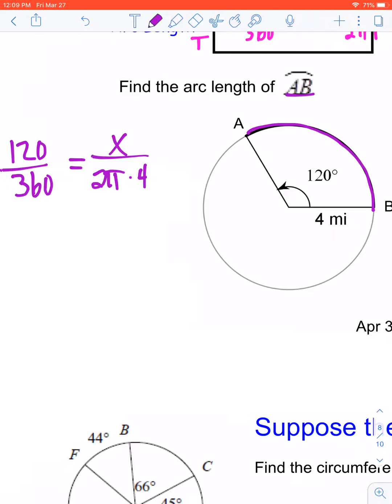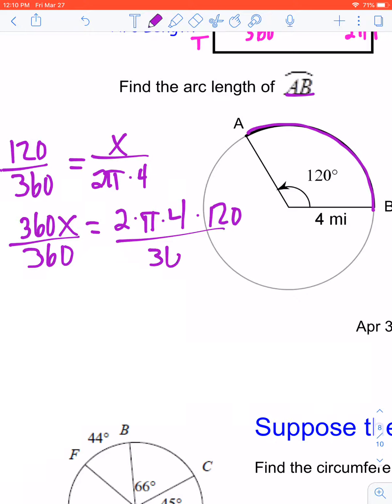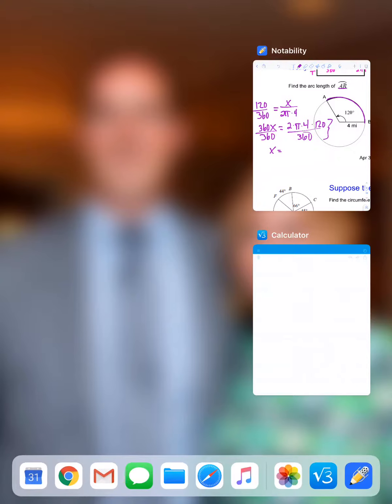Remember, if I go too fast, you can pause, stop, and rewind this at any time. So I get 360x is equal to 2 times pi times 4 times 120. And in order to solve, friends, I just put this all in my calculator. So I'm going to do 2 times pi times 4 times 120 all over 360.